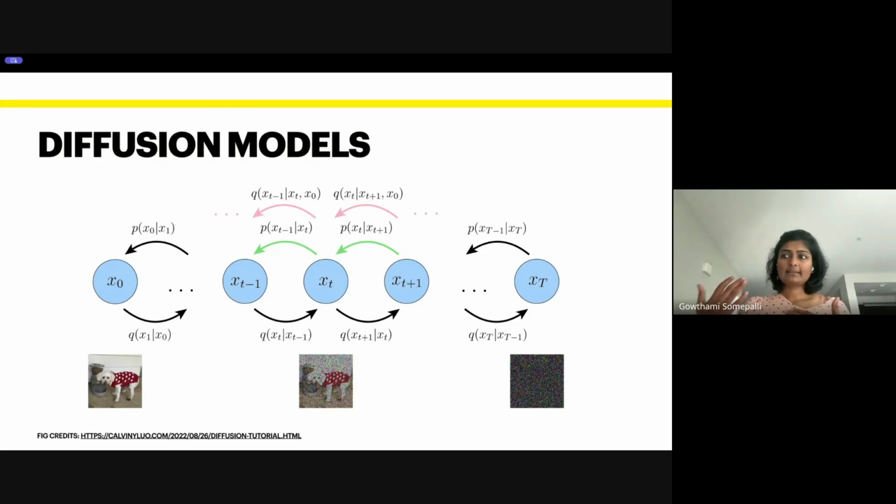You have a process which you want to learn using a neural network, and then you have a proxy process which you can access during the training time, and you try to reduce the KL divergence between them, or the L2 distance between them, or something like that. So TLDR, what I'm trying to say is we want to learn these three distributions with a neural network, and we need a proxy process, the Q distribution, which perhaps we can access at training time. Then we can reduce the KL divergence between these two. That way we can learn the weights of this particular neural network P.